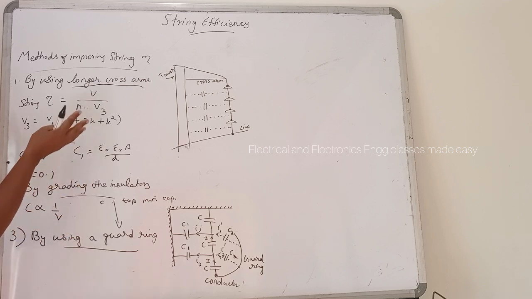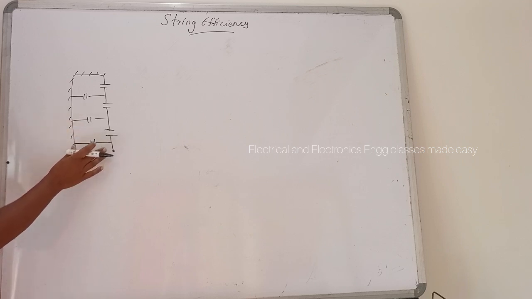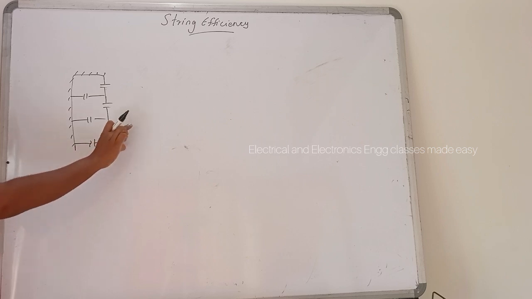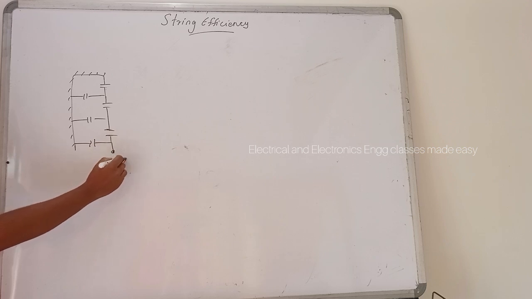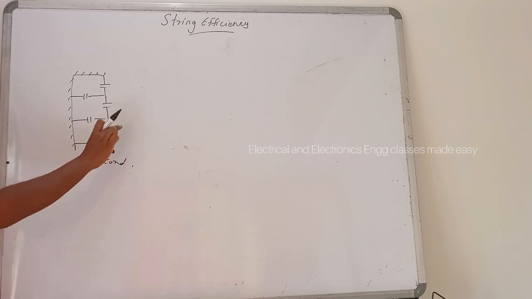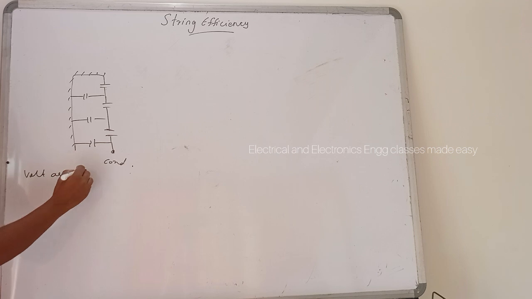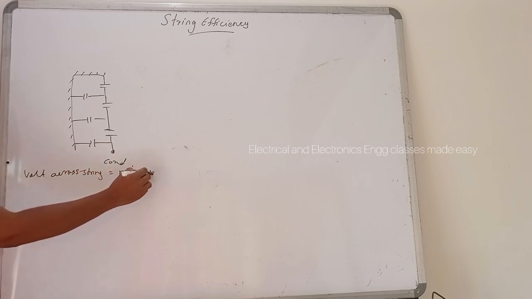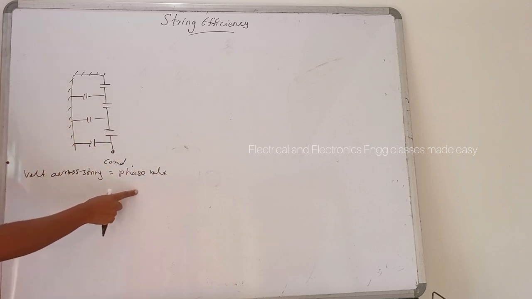So that is about the methods of improving the string efficiency. While doing problems, we have to consider certain things: the maximum voltage appears across the disk nearest to the line conductor, and the voltage across the string is equal to the phase voltage.